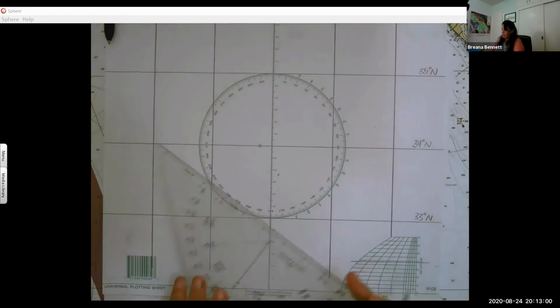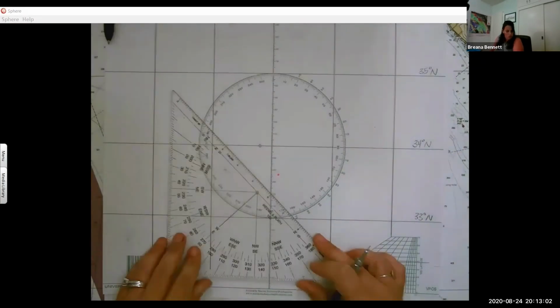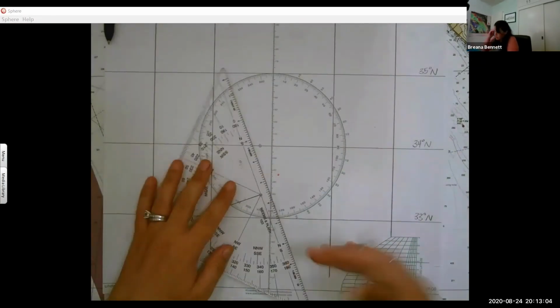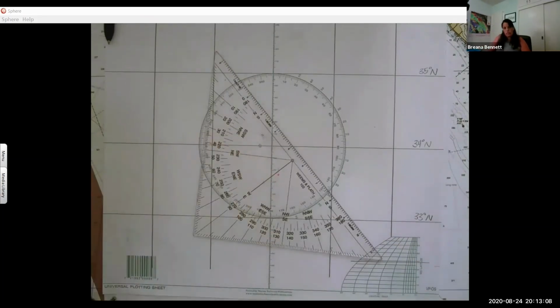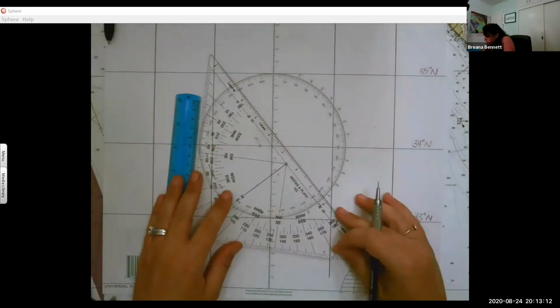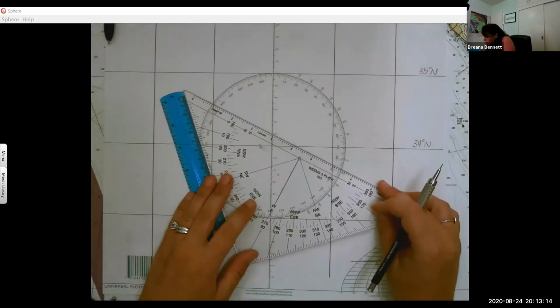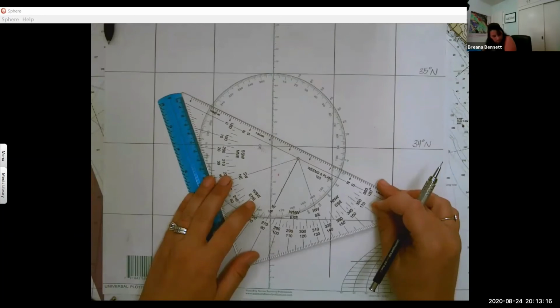My azimuth is 115. So I'm going to find 115 on my ruler. A little tiny ruler here. 115.8.